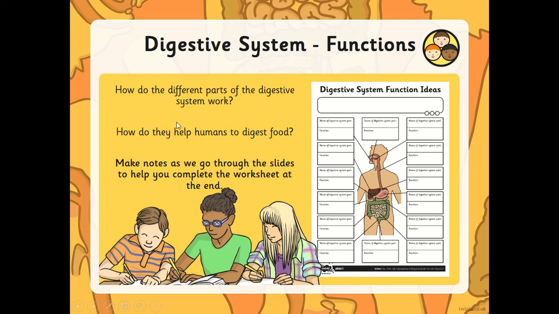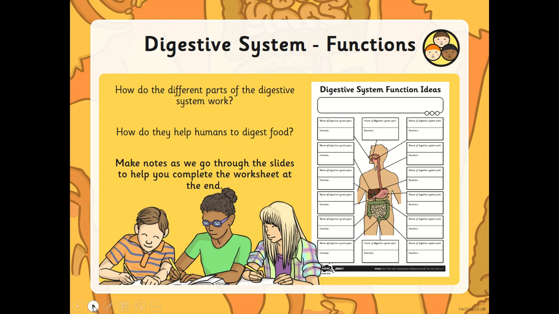Okay, so how do different parts of the digestive system work? How do they help? So how do all these parts help us digest the food? So you are going to need to make notes as we go through the slides to help you complete this worksheet at the end. Okay? So that's going to be on the class page.